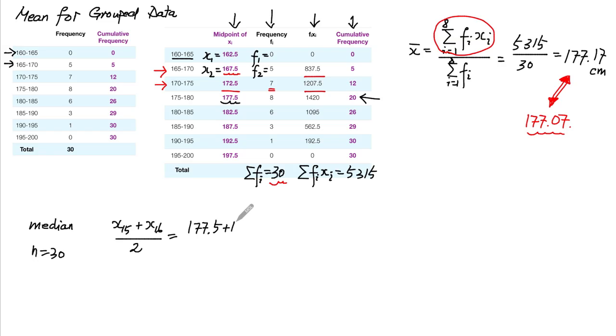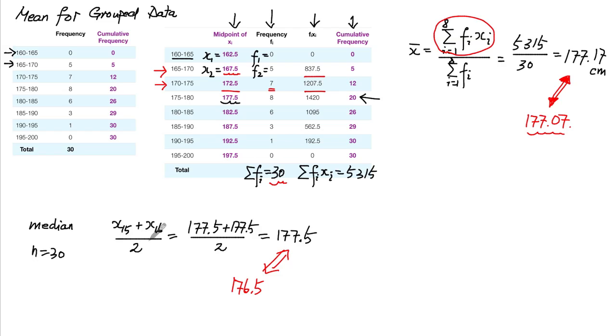Take the average of 177.5 plus 177.5, and we are left with 177.5 as our median. And in fact, the median that we had calculated in the first video happened to be exactly 176.5.